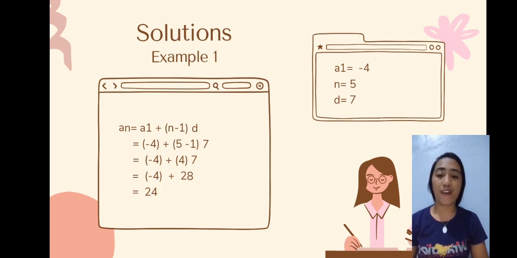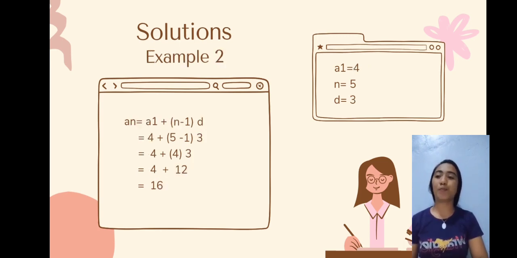So 4 times 7 is equals to 28. So the result will be -4 plus 28. So the last is addition. So -4 plus 28, we know that if unlike signs, we will subtract and copy the sign of the bigger number. So -4 plus 28 is equals to positive 24.